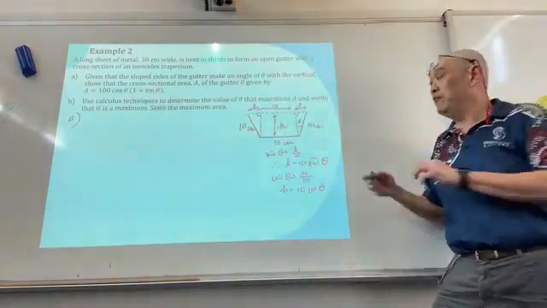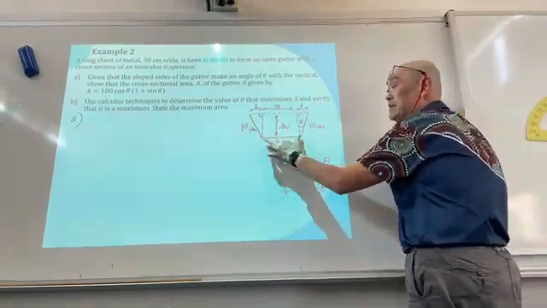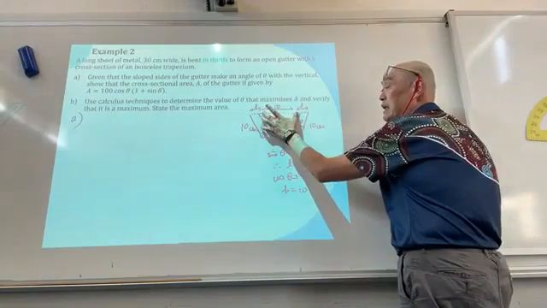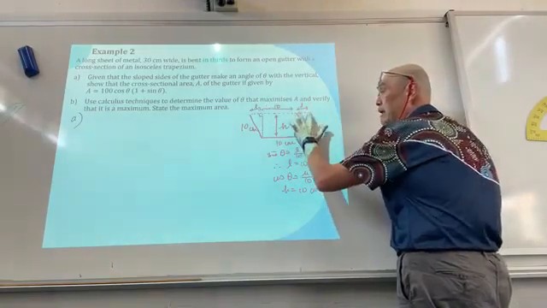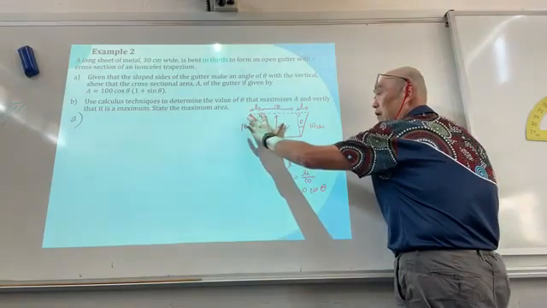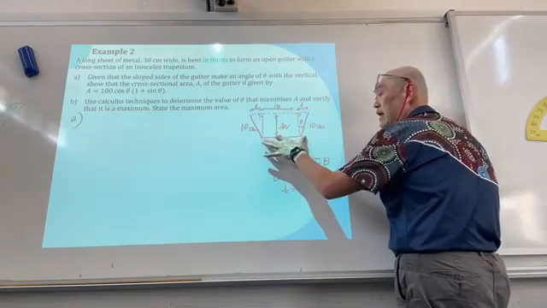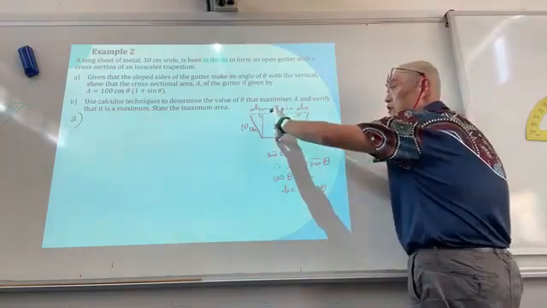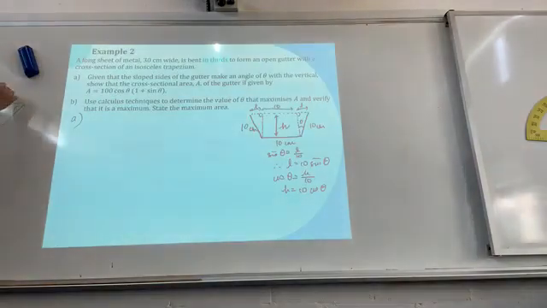First, I draw this, and I know that if this is 10 centimeters, that will be 10 centimeters as well, because it's an isosceles trapezium. So that's 10 plus 2L there, and there's 10 there, and you need H. So B here is 10 plus 2L.